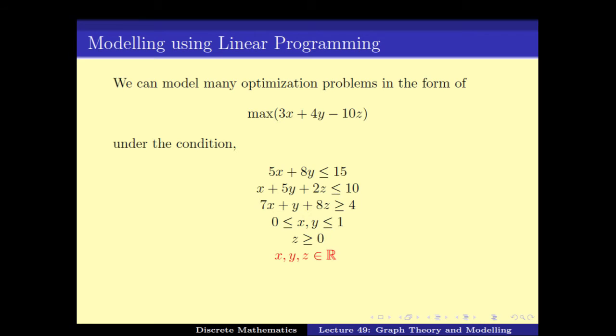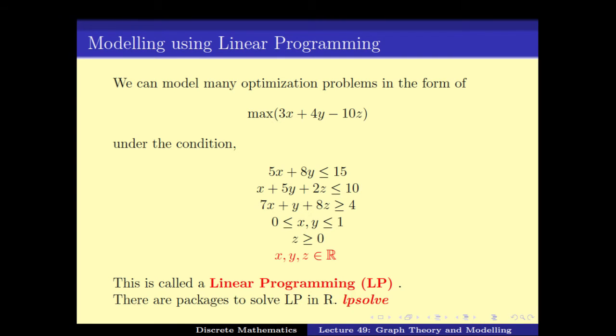Now this linear program can be solved if the variables can take real numbers. It can be solved very quickly using various softwares. For example, in R, there is a very simple way of solving it.